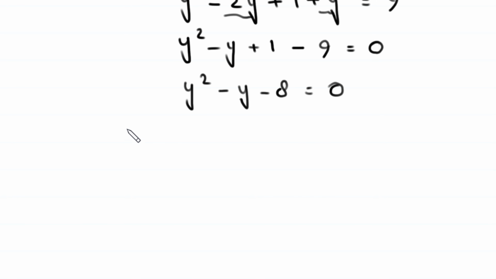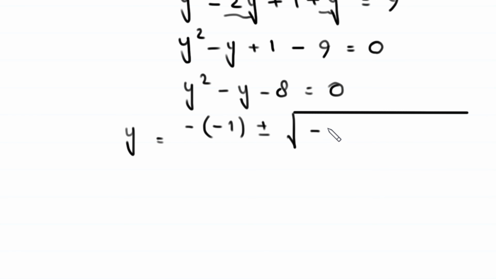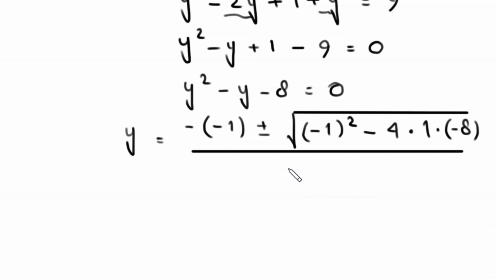According to quadratic formula, y is equal to negative b, which is negative 1, plus or minus the square root of b squared, which is negative 1 squared, minus 4 times a, which is 1, times c, which is negative 8, divided by 2 times a, which is 1.